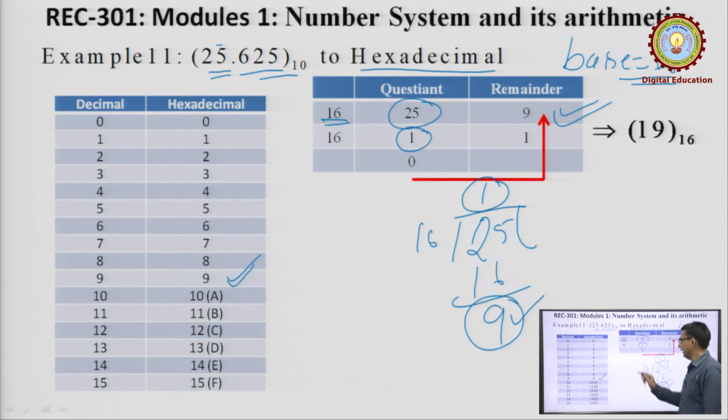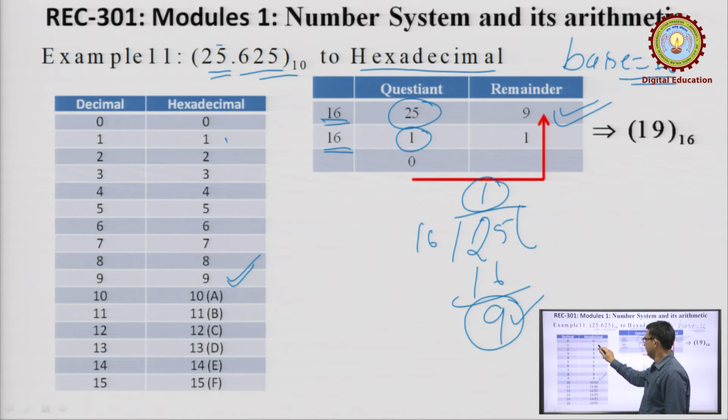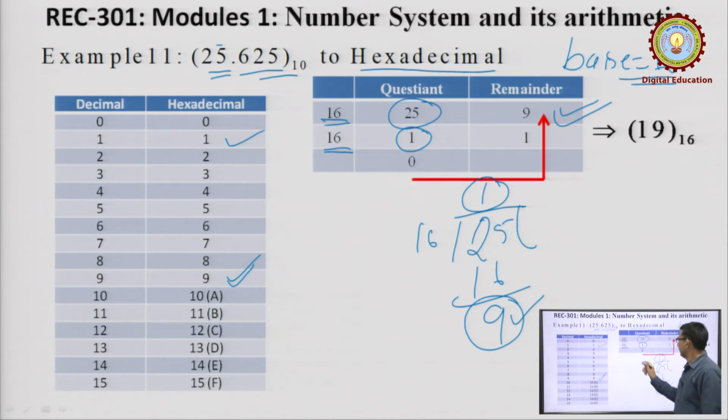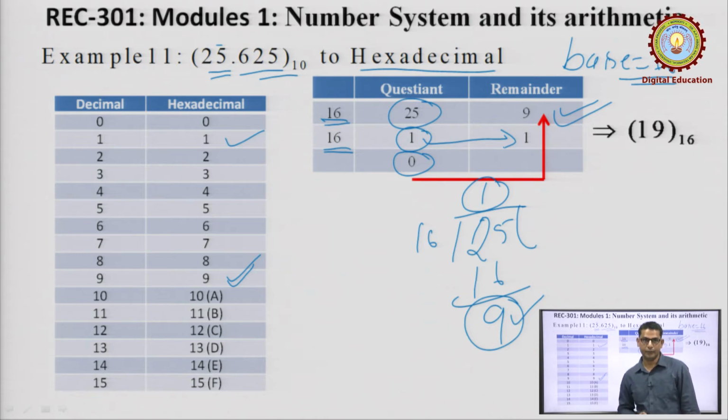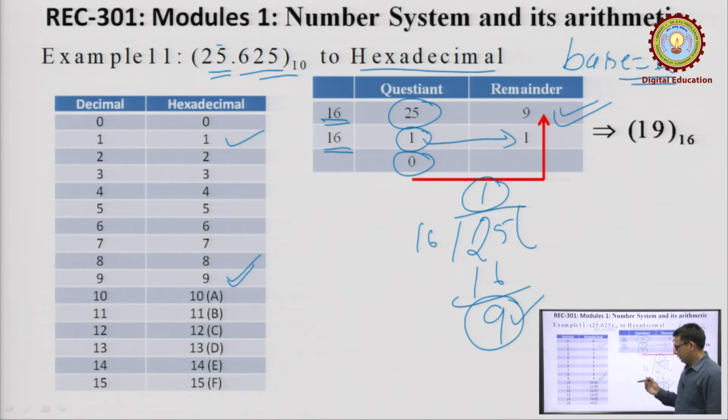Again we go with 16. We divide 1 by 16. The quotient will be 0 for the next iteration, and the 1 acts as the remainder.